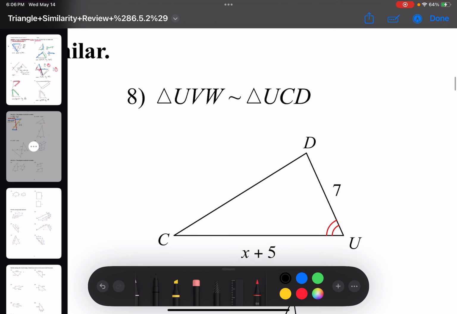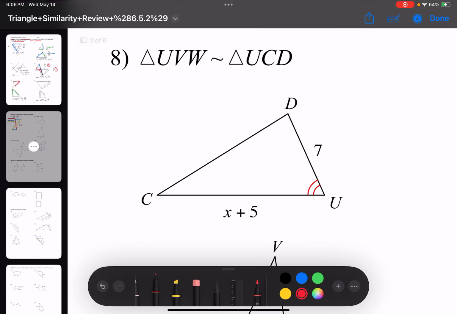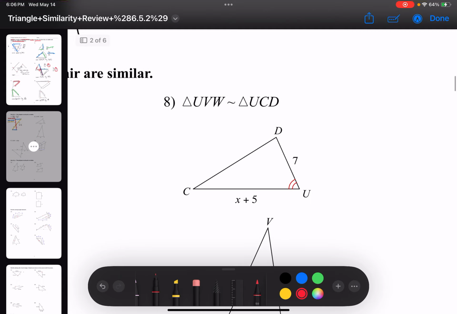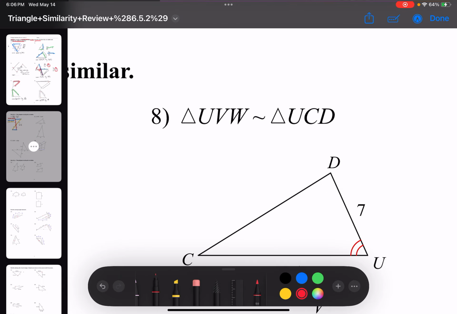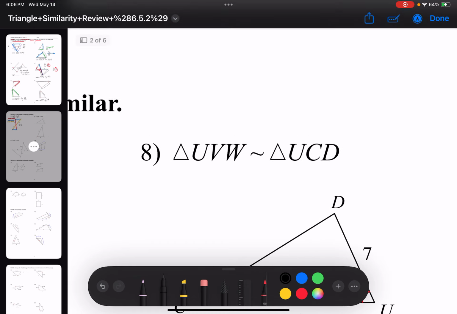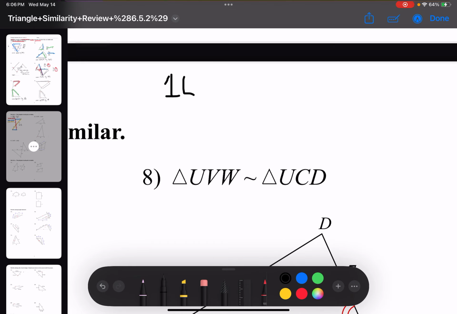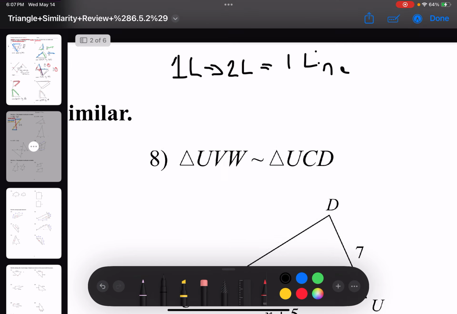So the first letter to the second letter is your first line. Let me write this down for you. These rules, what I'm writing right now, go for the other side.